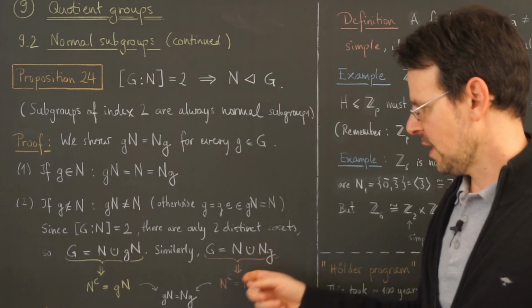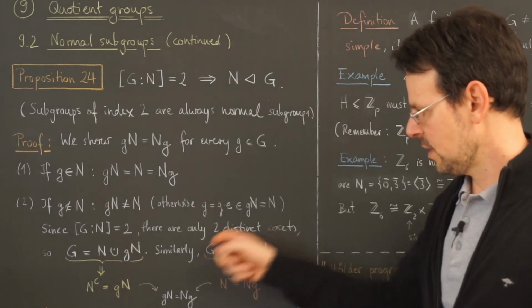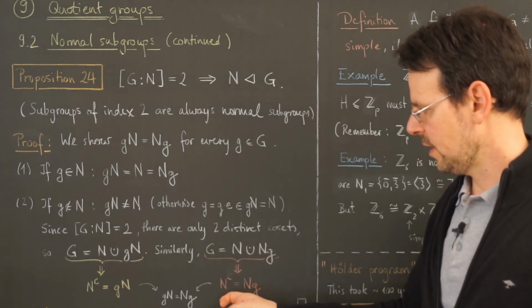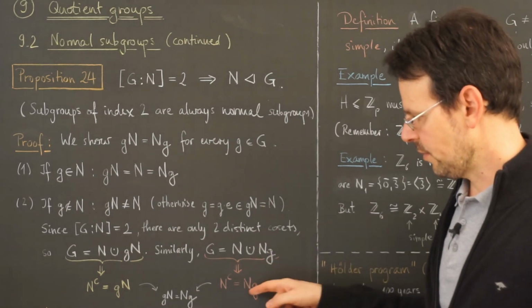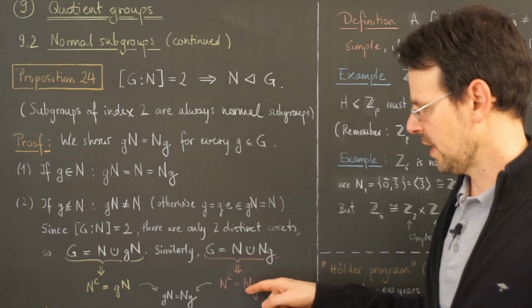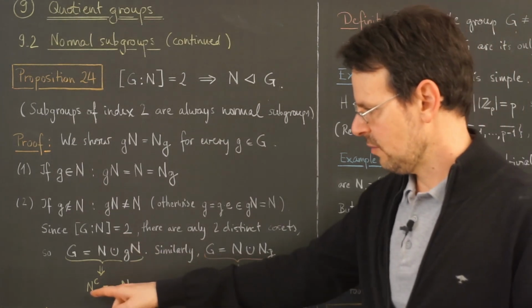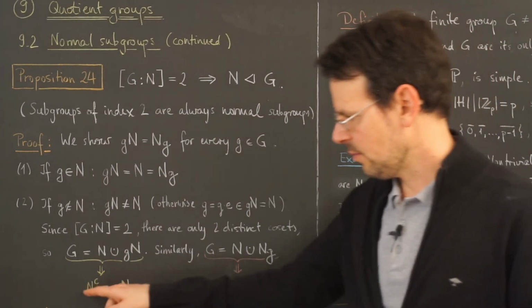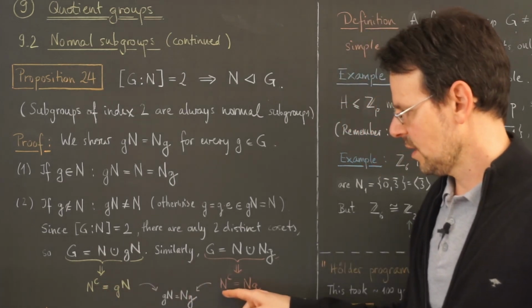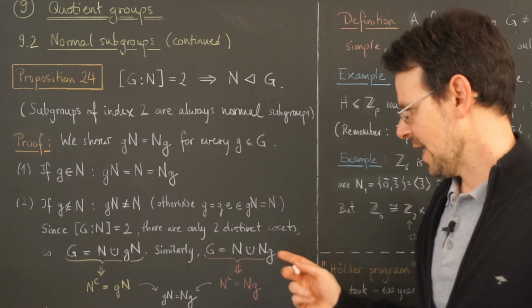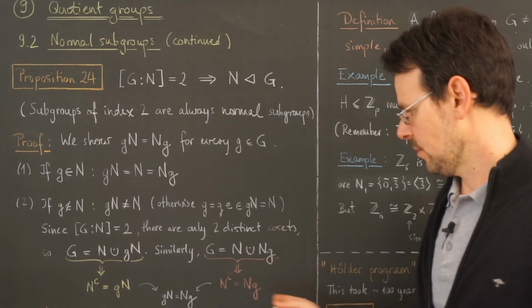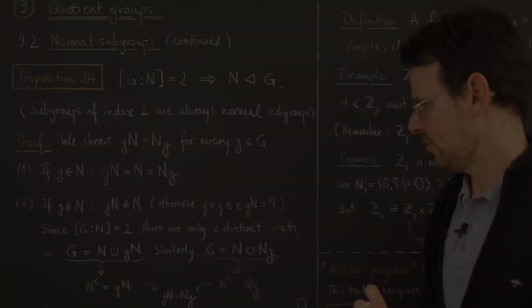And by exactly the same argument from this equality here, we find that the complement of N in G is also the right coset of g with respect to N. But then, of course, the two complements here are the same sets. And from this, it follows that gN is the same as Ng. This finishes the proof.